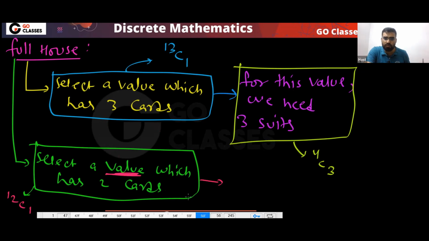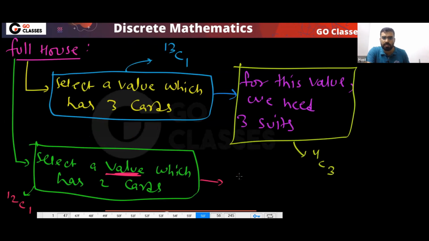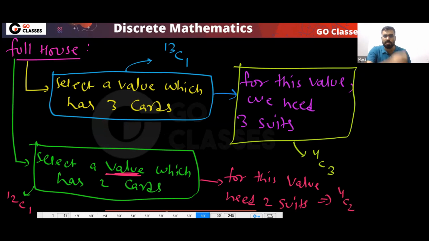Now for this value, for example 4, we need 2 suits. So finally, that will be 4C2. Is this clear?